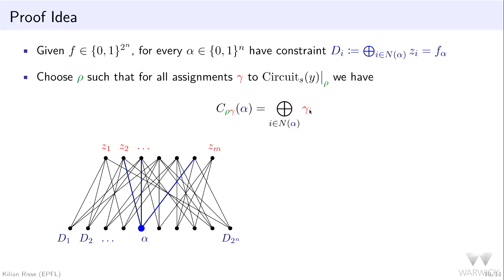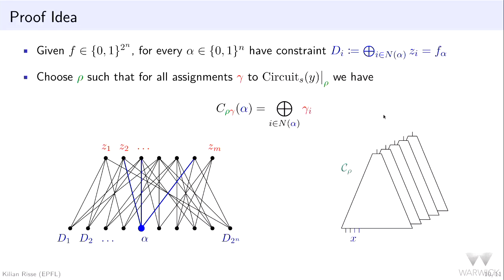Okay? So let me try to draw a picture. We first hit this circuit sub s of y formula by a restriction rho, and we are left with a family of candidate circuits, which we still need to rule out could be a satisfying assignment to our formula.